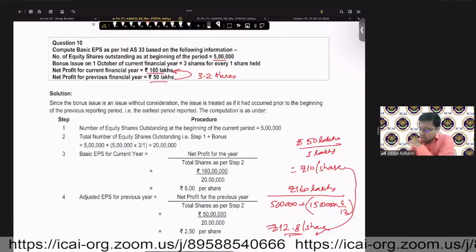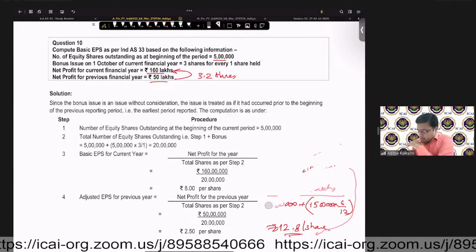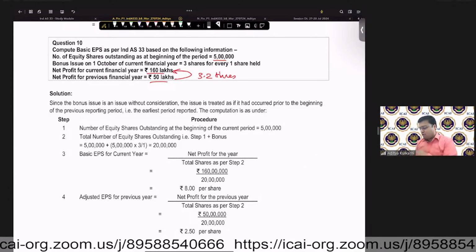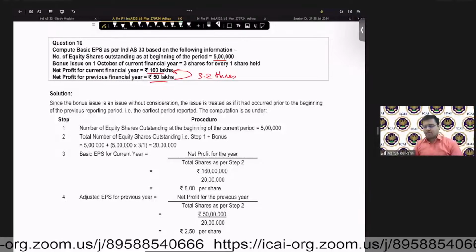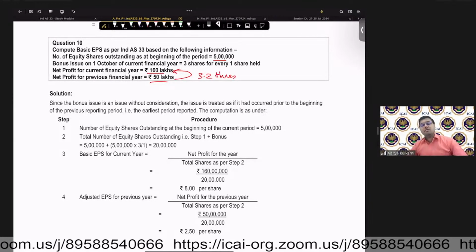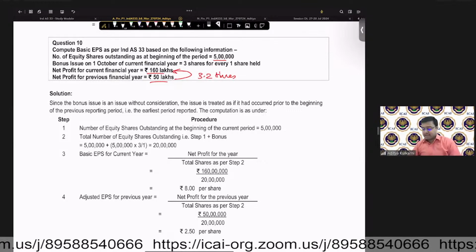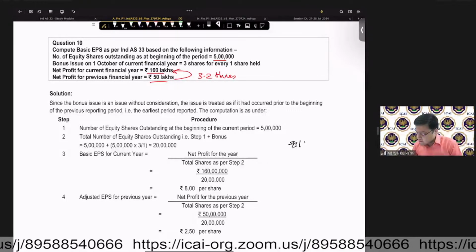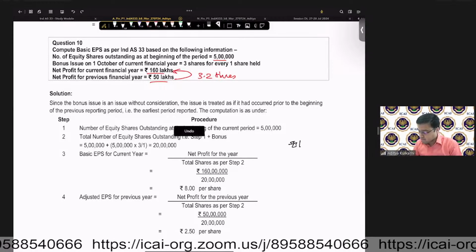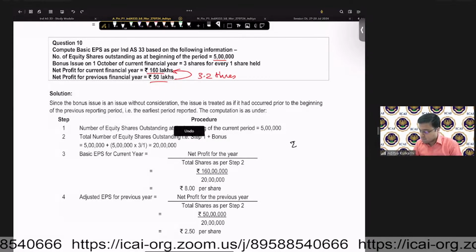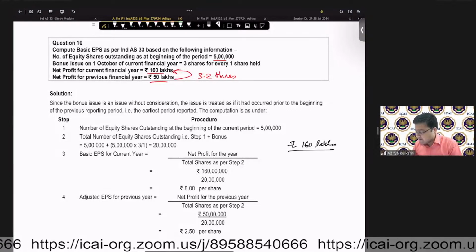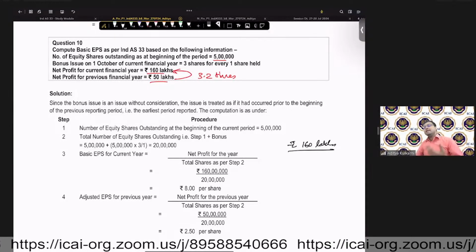So what the standard has said is, if you are having shares that are issued by way of a bonus, that means no resources have come in, you will treat as if these bonus shares were always there in existence. That means 160 lakhs divided by, bonus is already in existence.